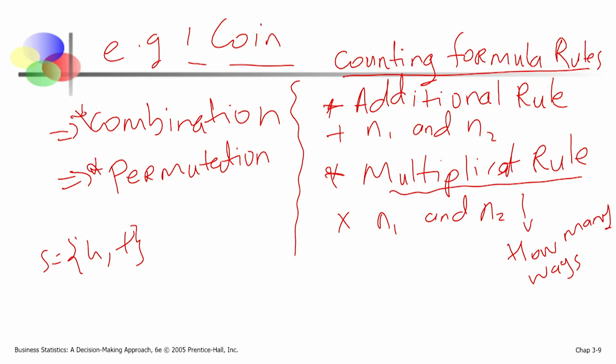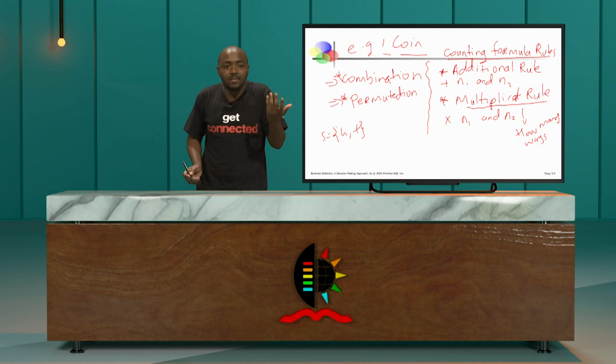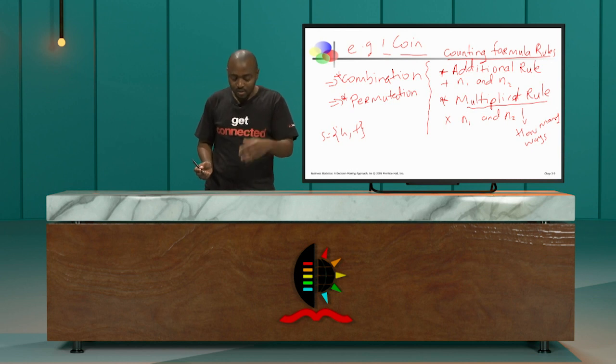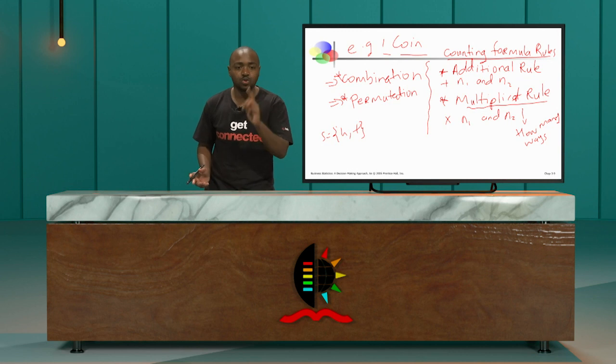So if tossing just one coin, the question is, do I want my coin to flip on a head first, then flip on a tail? That's obvious, I wouldn't know. So there is no order to flipping just one coin, so I'll use the combination rule to find my sample space.